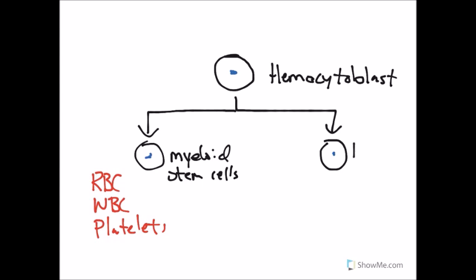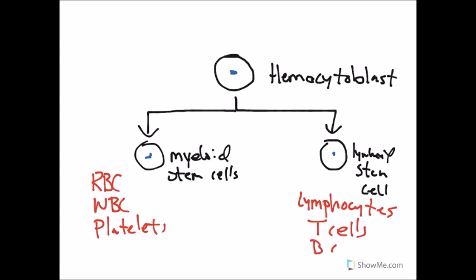The other one is a lymphoid stem cell, and a lymphoid stem cell will only divide into lymphocytes. Lymphocytes are, of course, your T cells, your B cells, and your natural killer cells. We'll talk more about those in later videos, but we wanted to get started with this and see what's going on here.